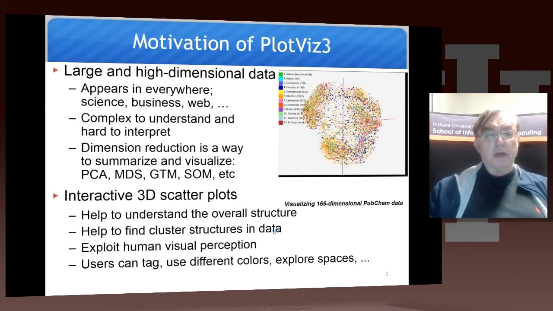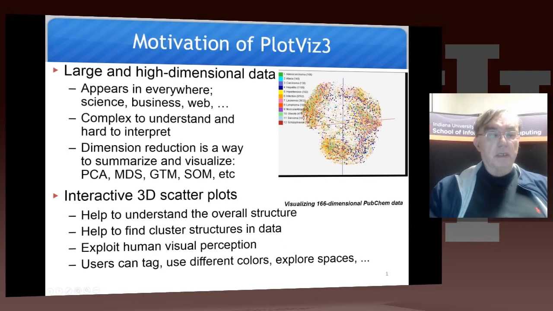However, in essentially all of that data, you can define a distance, and you can use that to do dimensional reduction and represent the data in 2 or 3 dimensions. And this final 2 or 3 dimensional data is what Plotviz is designed to support.